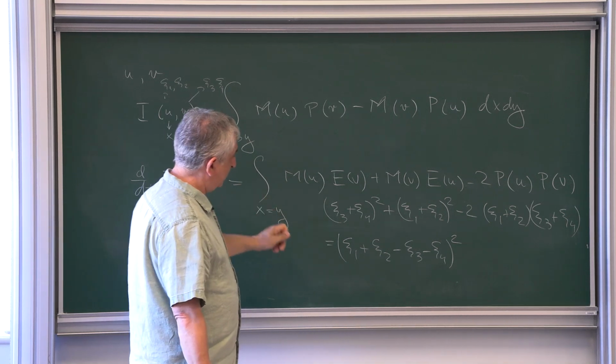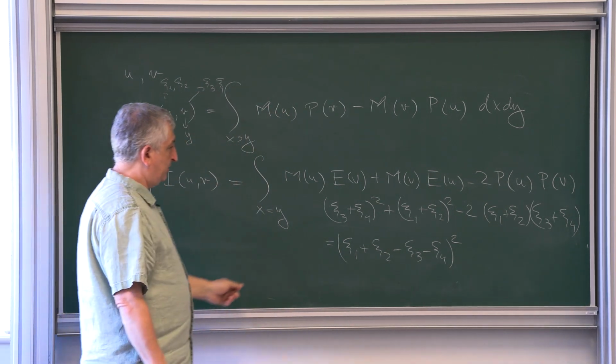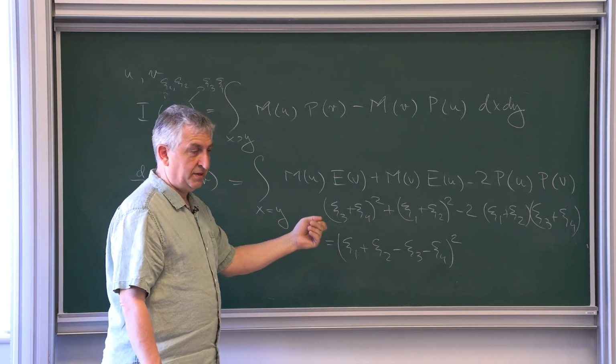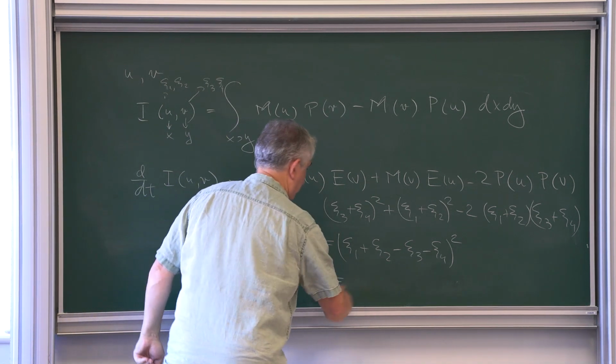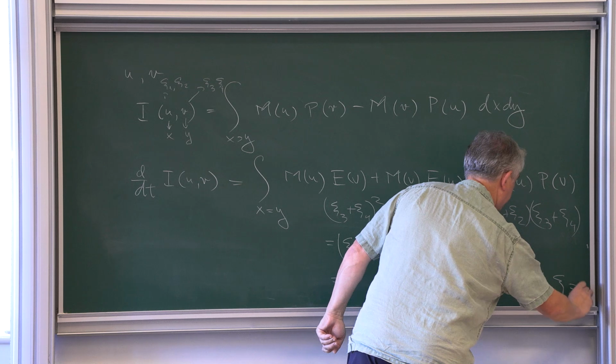Well, we want to integrate this, right? And when we integrate, we only care about the symbol when all the frequencies add up to 0, obviously. So we look at what happens on delta of the sum of xi equal to 0.